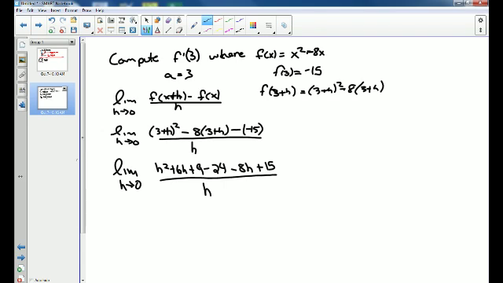Now, here's where things usually get nice. What is 9 minus 24 plus 15? Danielle? 9 minus 24 plus 15 is 0. Yeah. 6h minus 8h is negative 2h.